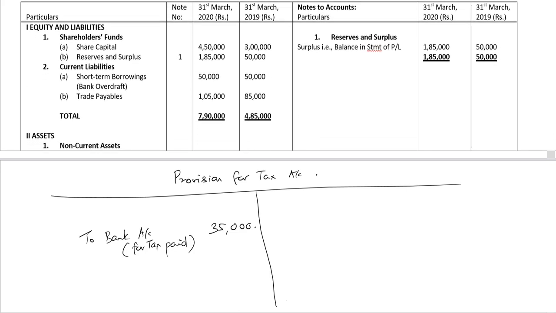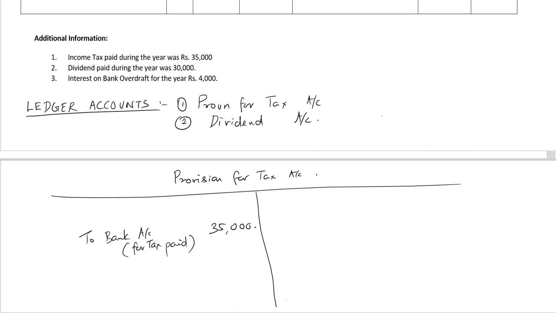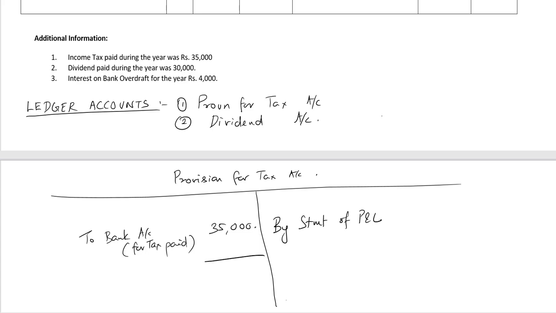There is no mention about the opening or closing balance of the provision for tax, nor is there any mention about the amount of provision for tax. So we have to make the provision for tax by statement of profit and loss. The balancing figure will be the tax paid itself, 35,000.